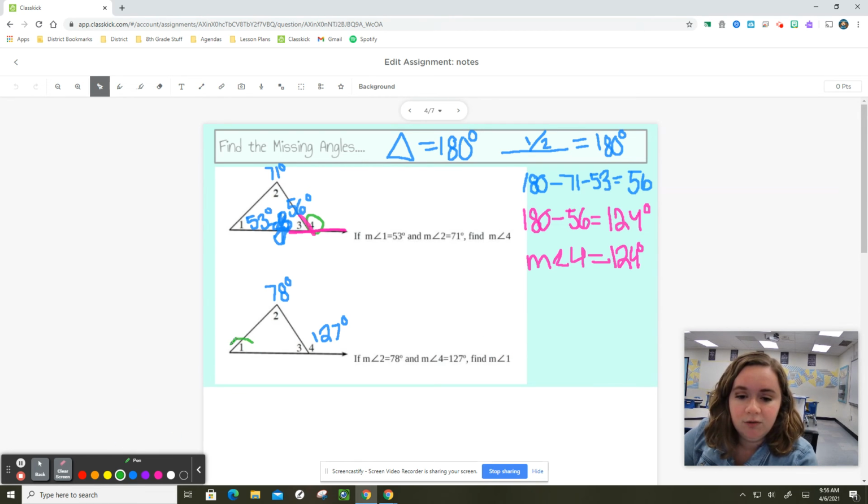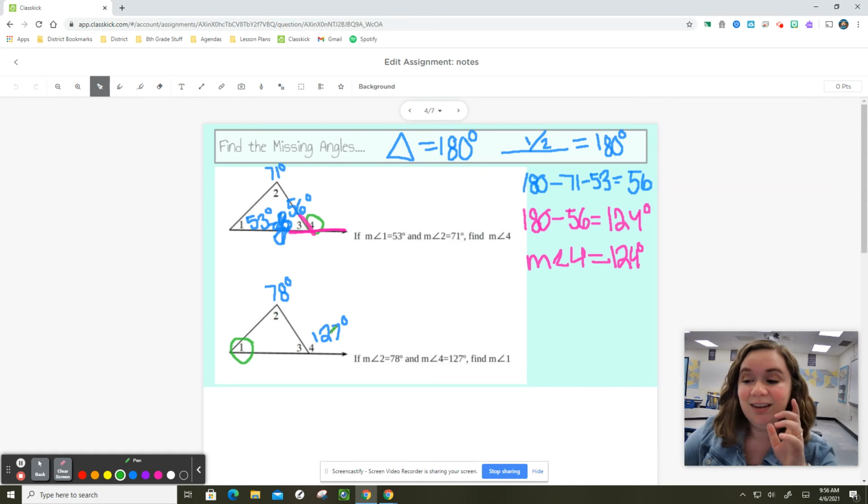So I'm looking for angle 1. I have an inside angle and an outside angle. The easiest thing to do is to use this idea of supplementary angles to get my other interior angle and then solve for 1. So that's my game plan.